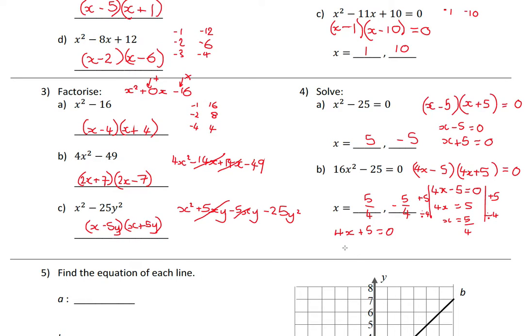Okay, we would have to subtract 5 from both sides. That would leave us 4x equals negative 5 this time. And then divide by 4. That gives us x equals negative 5 over 4.